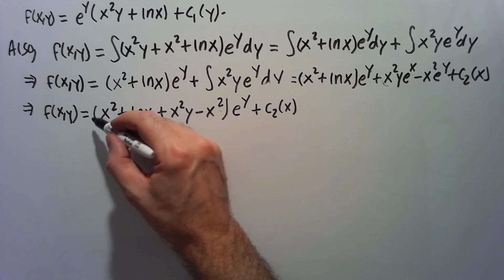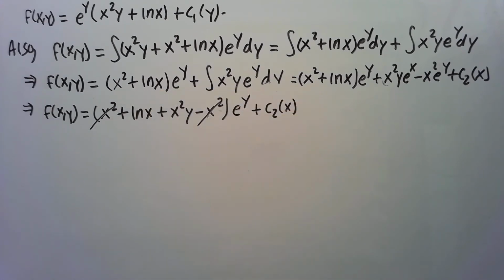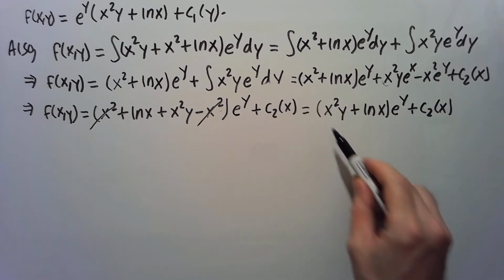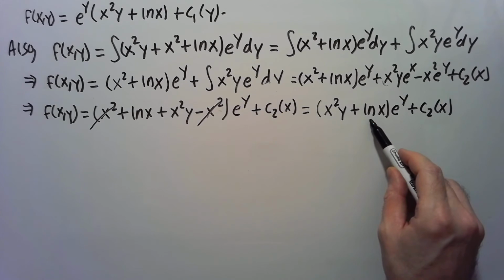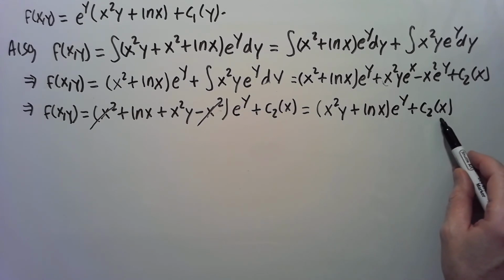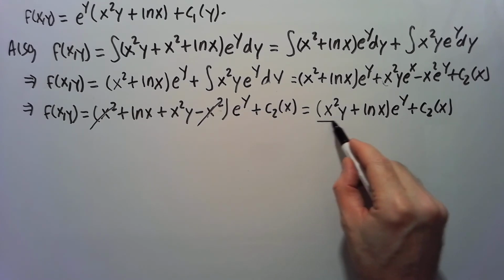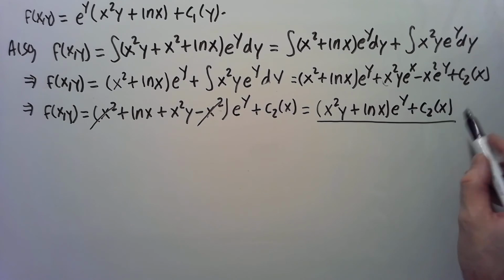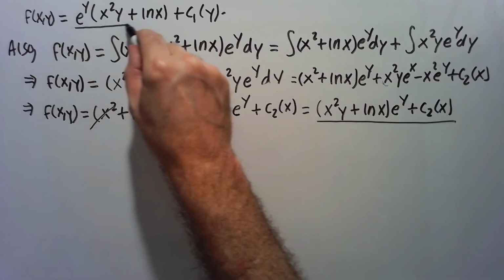Notice here the x squareds cancel, so it becomes this: x squared y plus ln of x times e to the y plus some function of x.